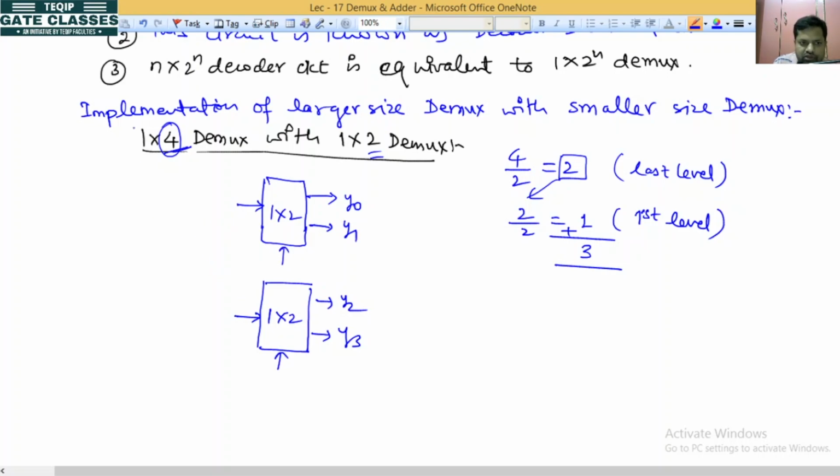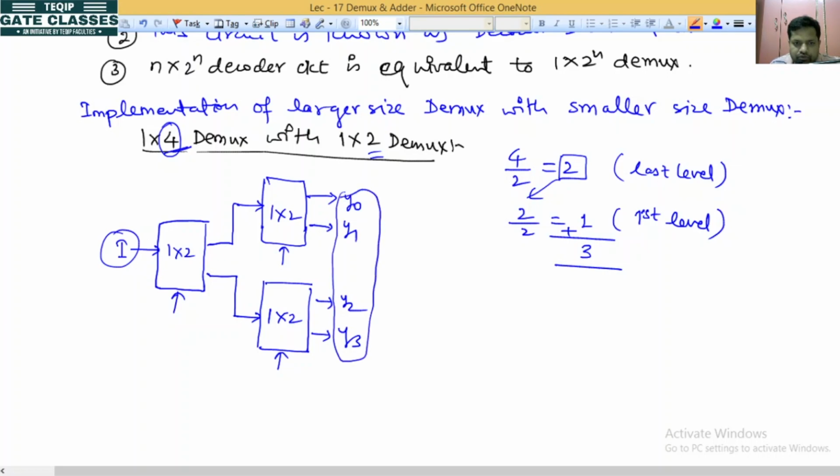But if you want to implement 1 cross 4 demux, then the number of inputs must be 1. Okay na? So you have to take one more 1 cross 2 demux and apply that input here. So now we have only one input and 4 outputs.